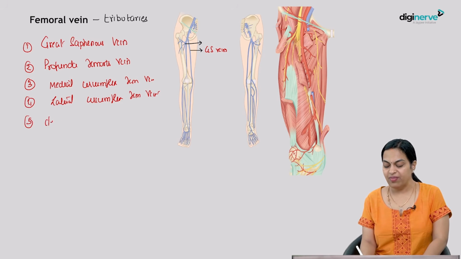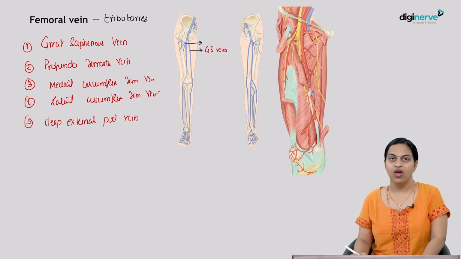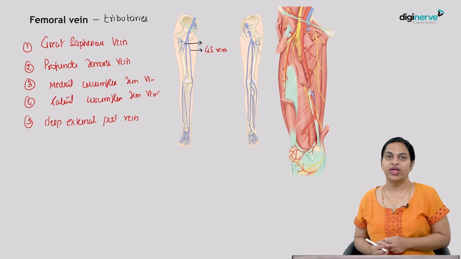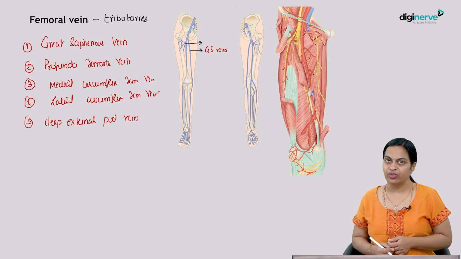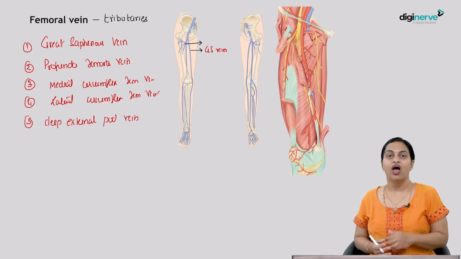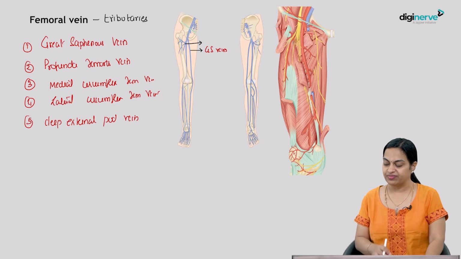And the deep external pudendal vein can either open into the great saphenous vein or as a tributary of the femoral vein. So if the femoral vein is tied in the spotter and they ask for the tributaries, apart from the great saphenous vein, please remember the profunda femoris, medial circumflex femoral, lateral circumflex femoral, and the deep external pudendal vein are also its tributaries.